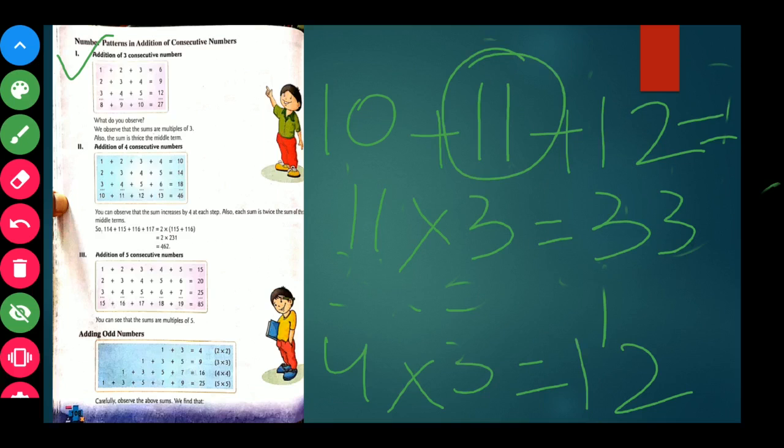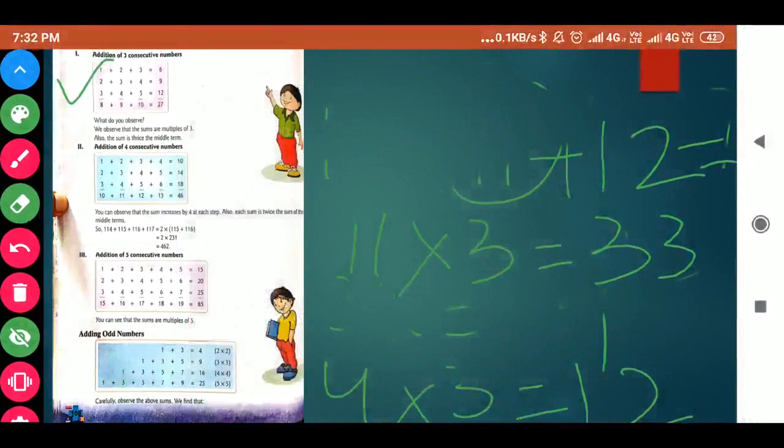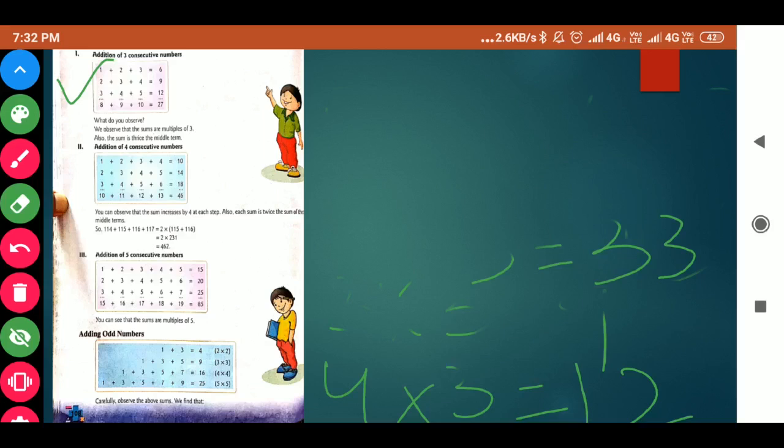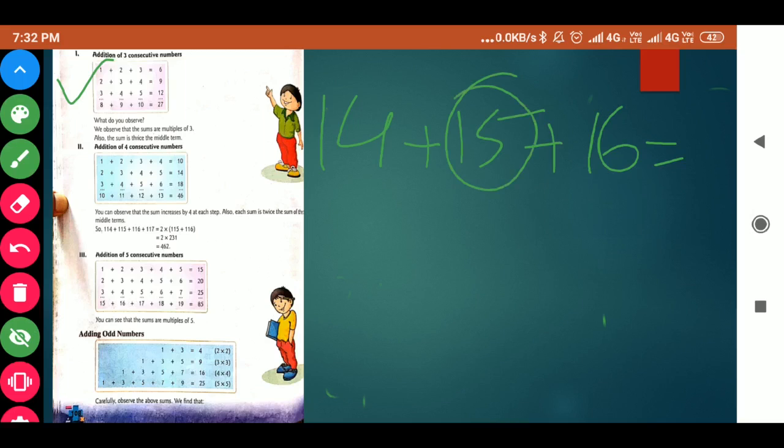I hope you all understood easily. Let us take another example. Suppose 14 plus 15 plus 16. Now according to the rule of addition of 3 consecutive numbers, thrice the middle term.